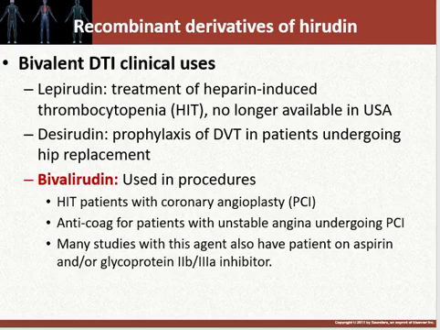Desirudin is for the prophylaxis of deep vein thrombosis in patients undergoing knee and shoulder replacements. Bivalirudin has been used in procedures. Patients that have a history of heparin-induced thrombocytopenia and need an emergent coronary angioplasty or PCI would be really well suited to bivalirudin.